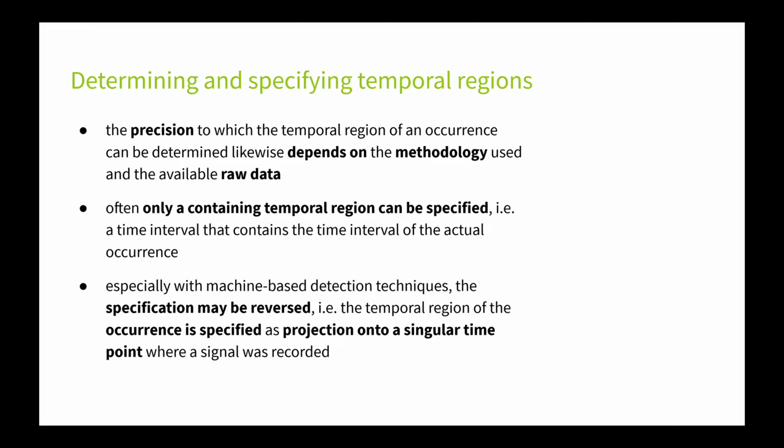For temporal regions too, the precision with which they can be determined depends on the methodology of observation and the available raw data. Often, the temporal region of the occurrence can only be approximated by a containing temporal region, but especially with machine-based detection techniques, the temporal region that is specified may, on the contrary, actually only indicate a point in time at which an incoming signal was recorded, for example, a GPS signal, a photograph, or a sound recording.